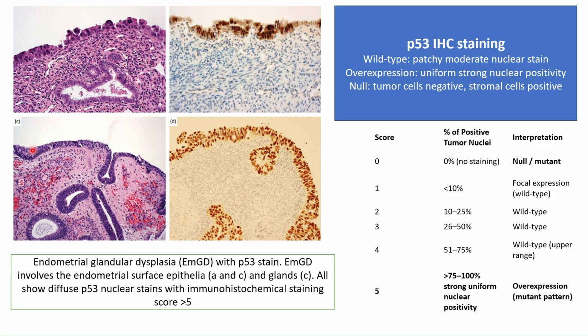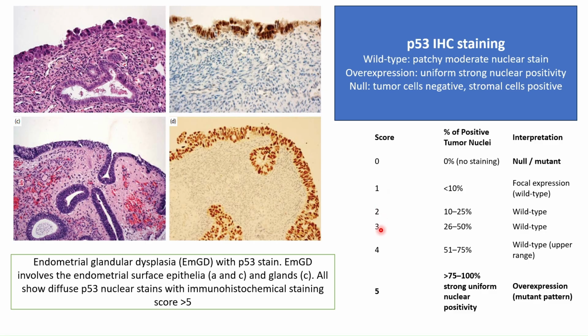Here, surface epithelium showing the dysplasia, some of the glands showing dysplasia. So this is again showing diffuse strong positivity of nuclei with P53 staining, and these glands are also showing immunohistochemical staining with P53, which is 4 or more than 5. So now what is the scoring of P53 IHC staining?